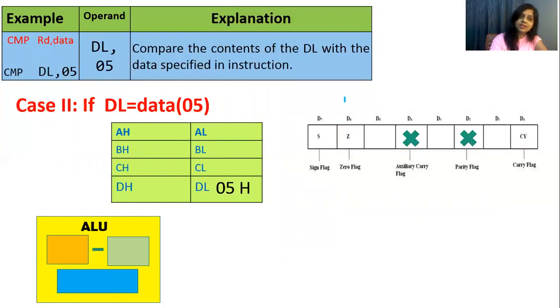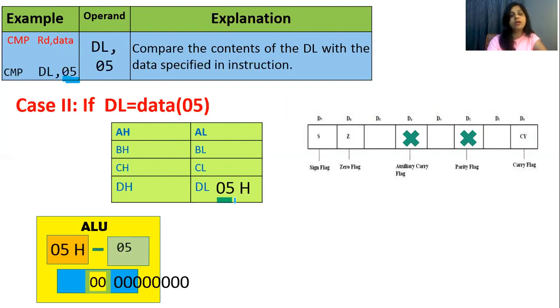Now next case in which DL holds the same number as specified in the instruction, whatever it is. Here it is shown 5, so let's assume DL also holds 5. So what will happen? It will take 5, then it will take this data 5, it will subtract. Now we got 0 0. Now no borrow will generate from this subtraction, so carry flag will be 0.